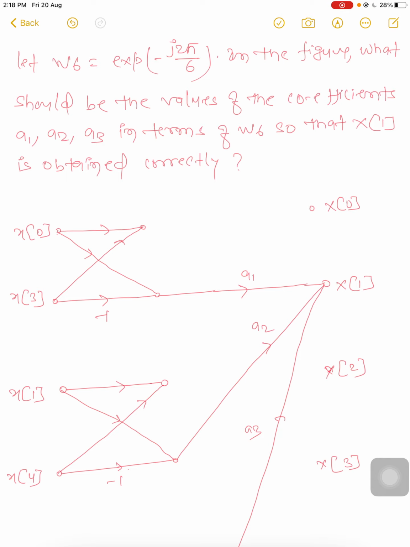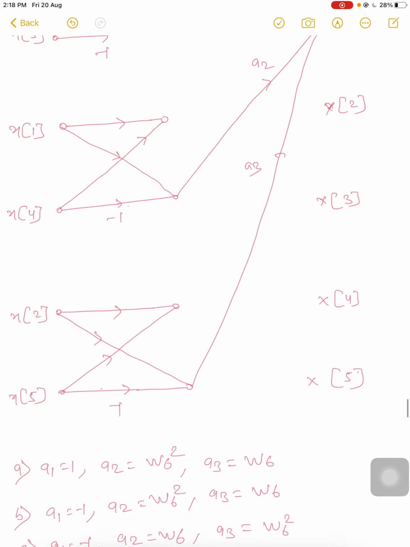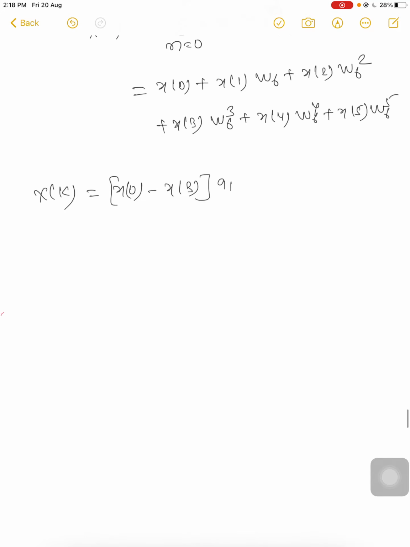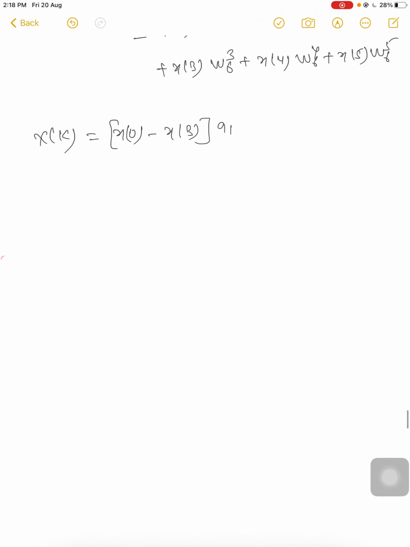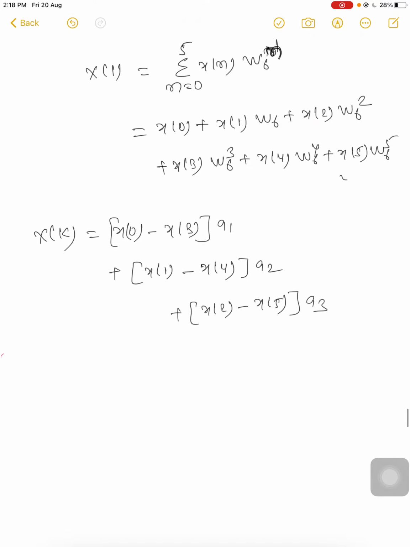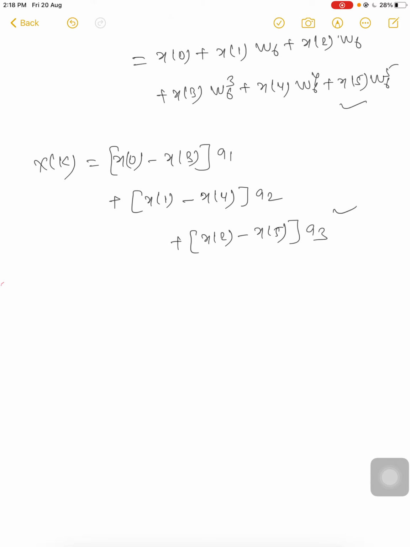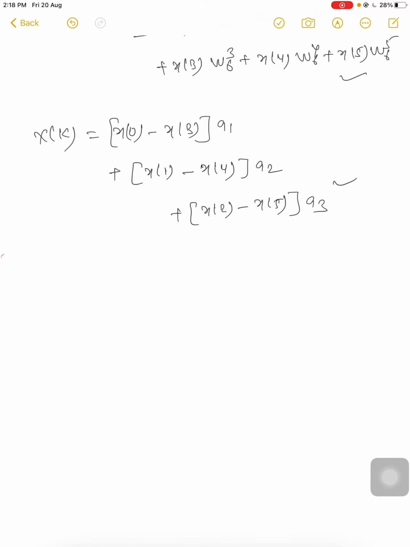So (x0 minus x3) multiplied by a1, plus next will be (x1 minus x4) a2, plus (x2 minus x5) a3, by comparing with the above equation.